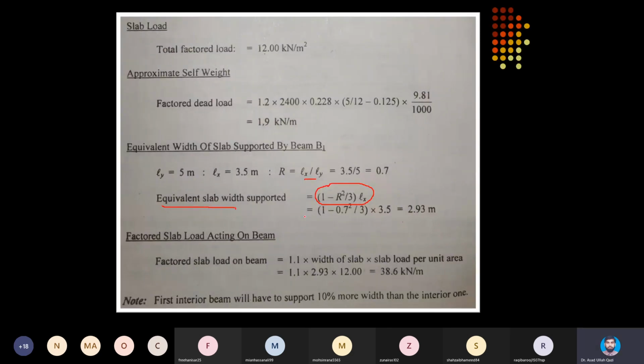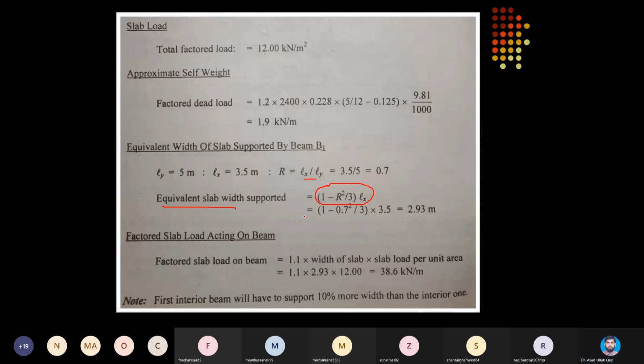They are confused, but in the derivation we have seen that to get the equivalent width with which I will multiply my pressure to determine the equivalent UDL, the equation has Lx, the shorter span: (1 minus R square) divided by 3 into Lx.